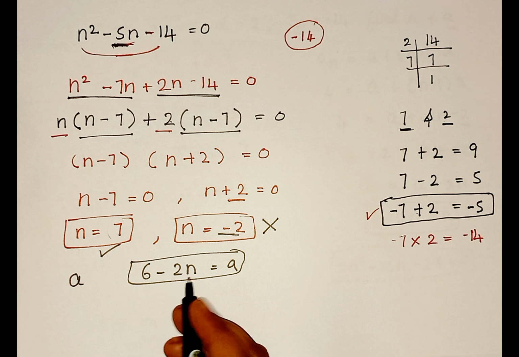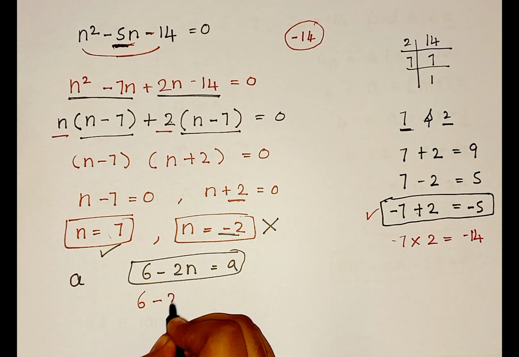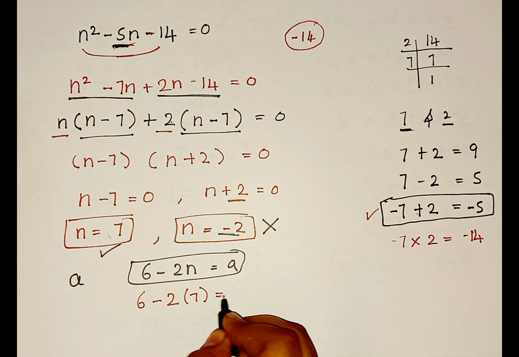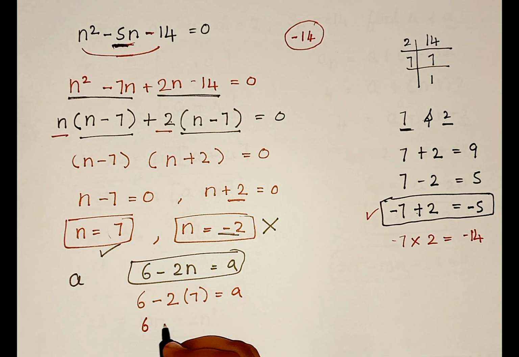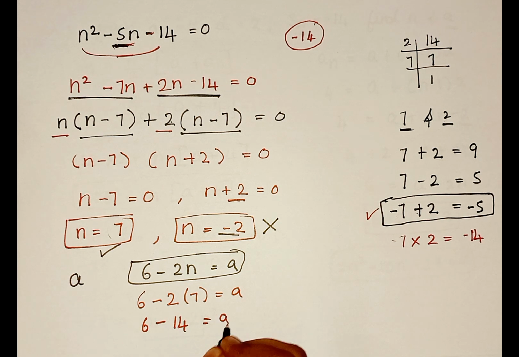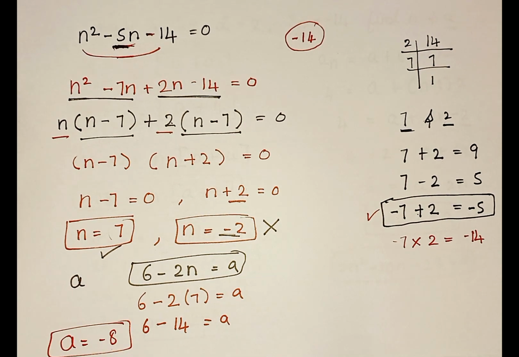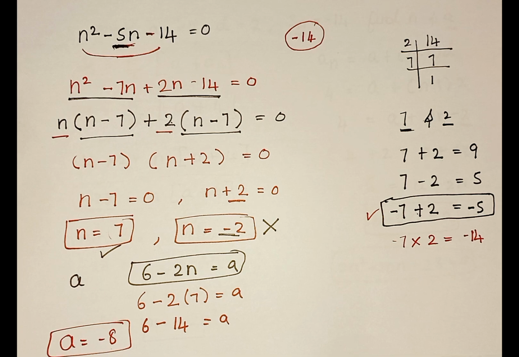So I can substitute here. So 6 minus 2, the n value is 7, is equal to a. So 6 as it is, and then minus 7 into 2 is 14, is equal to a. When we subtract them, we will get a is equal to minus 8. So finally we got the a value as well as the n value. So this is our answer.